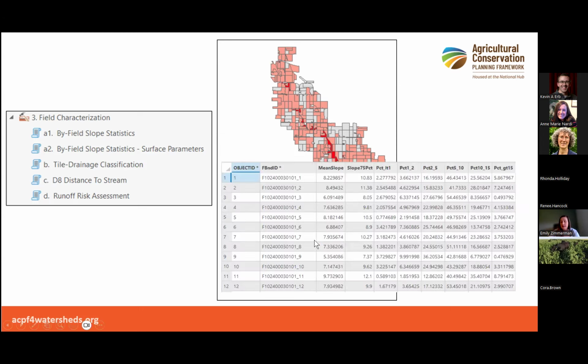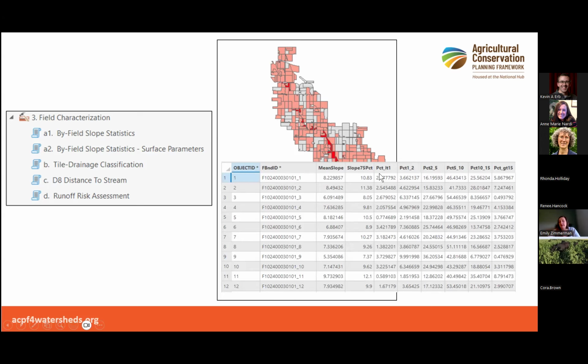The tabular data that are hosted behind the map are also really important. So for each one of these fields in this watershed, so that's what you're seeing in row 3 here, each of those fields has its own identification number. And then for each one of those fields, you can see the mean slope, and then you can start to see the percent of the field that's in each one of these slope classes.